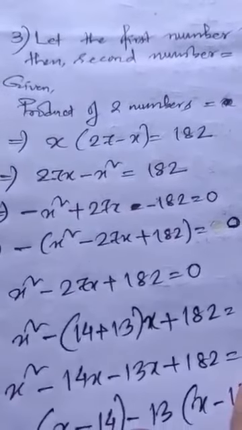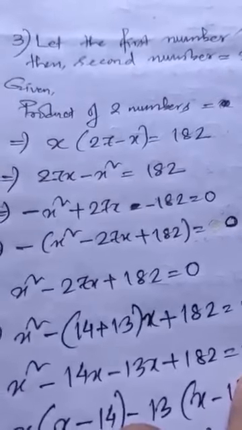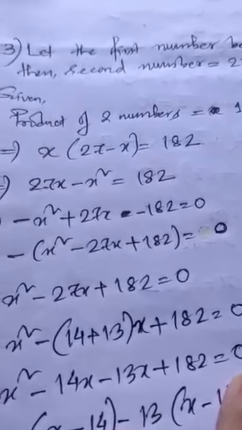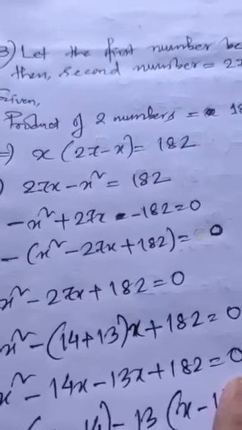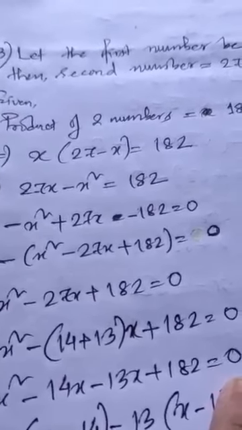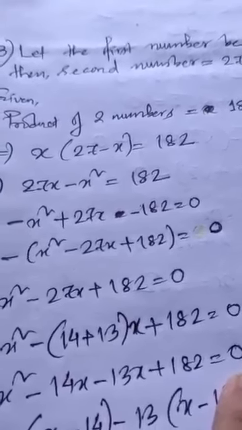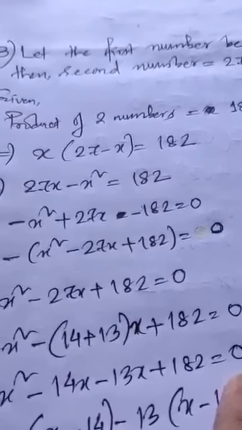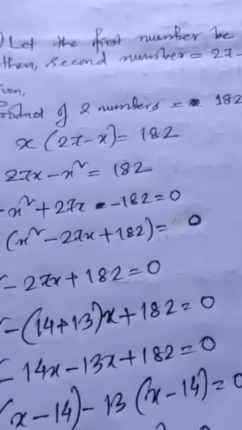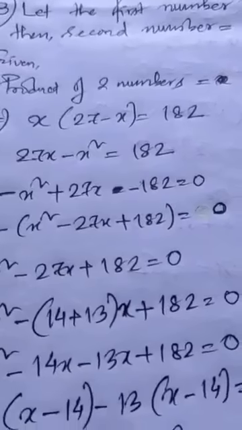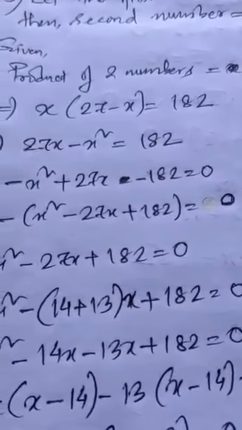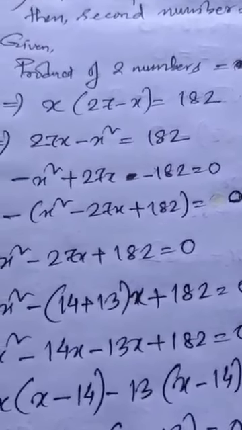Then before 27x we have plus. So to get plus, what do you have to do? Minus the minus is plus. So here after taking common we're getting minus 27x. Then in the above step we have minus 182. How can you get minus? Definitely we have to take minus a plus a is minus. So 182. Then after that, look students, in that common step, what actually I'm doing is I am multiplying both sides with minus 1.